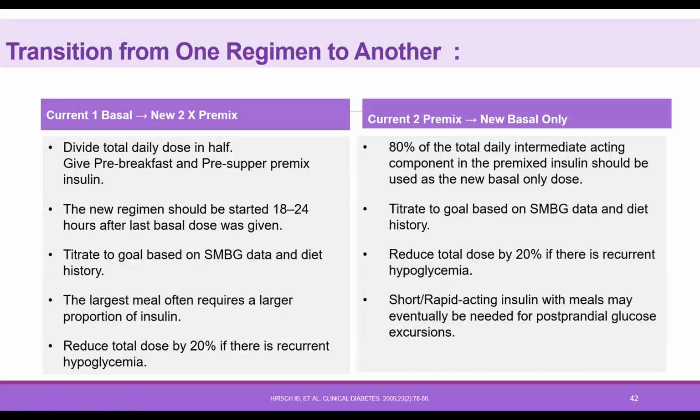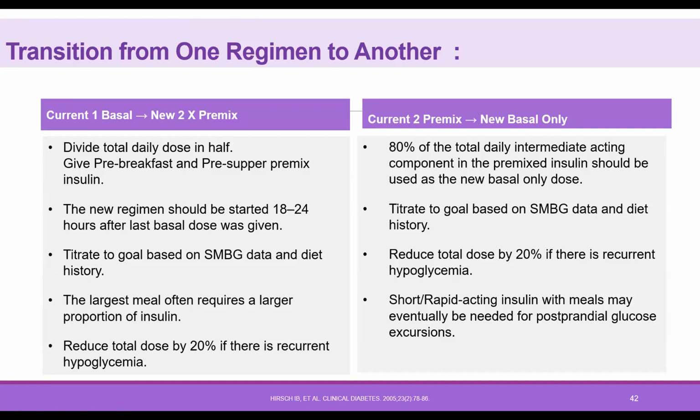So how should we shift the patient from basal to premixed insulin? There are methods by which we can shift. In the premix, 30% is short-acting insulin and 70% is basically the NPH insulin.